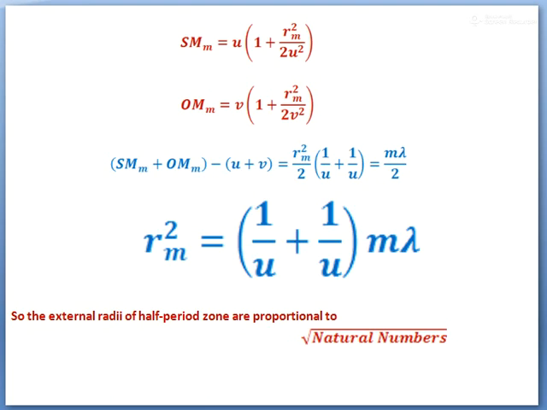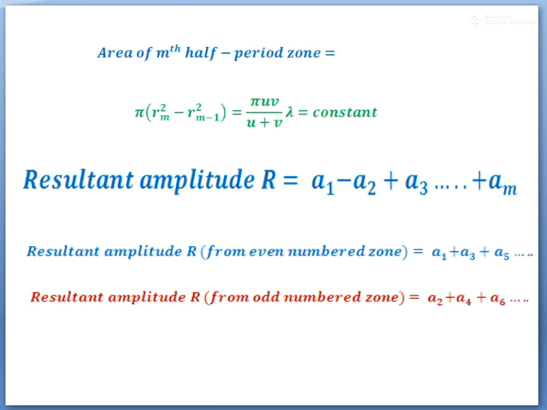Okay, so this is proved. Now, what is the area of the zone? This area is responsible for producing the effect at an external point, like a half period zone. The area of the nth half period zone is pi into Rn square minus Rn minus 1 square, that is pi Rn square minus the area of the Rn minus 1 half period zone, pi Rn minus 1 square.